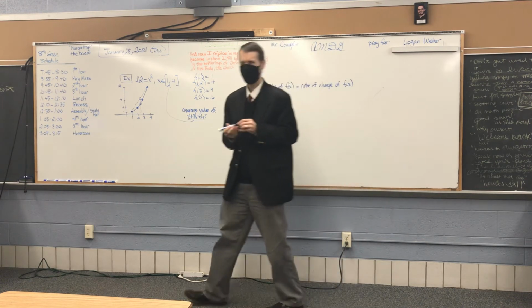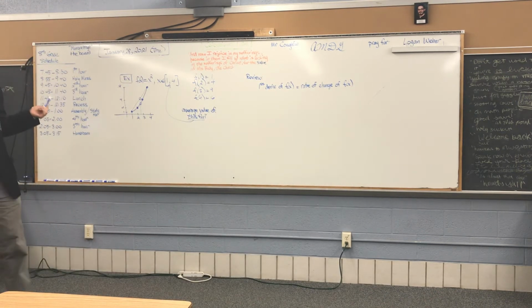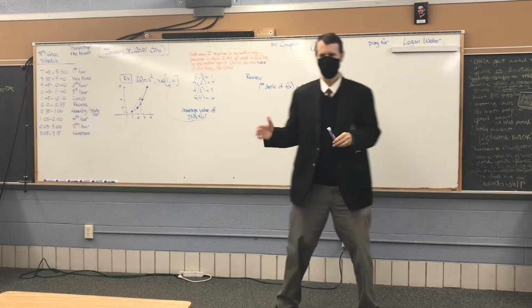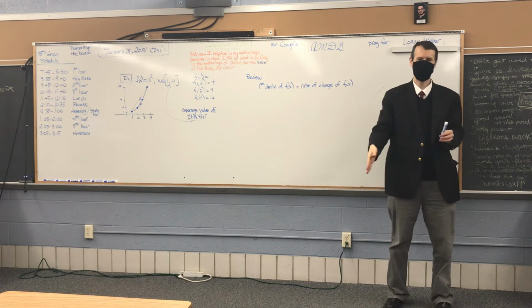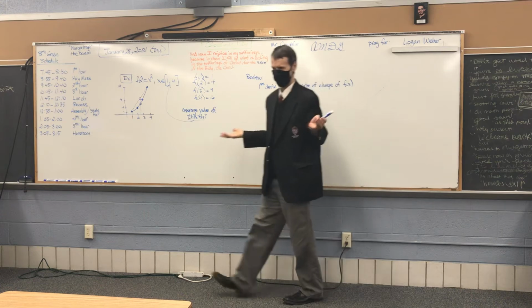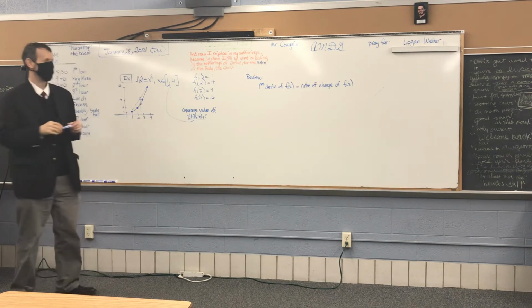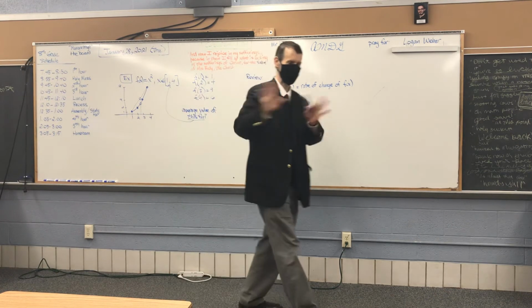It measures how fast f of x changes. And when you draw a graph of it, that happens to be slope. The slope of a graph is a measure of how fast it's changing. If the slope is 2, that means it's going up like 2 units per second. In calculus, we discovered that the first derivative is the rate of change. That's true in story problems, in physics, in math, in everything.